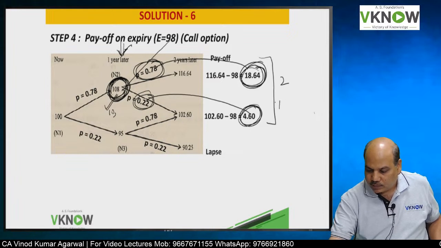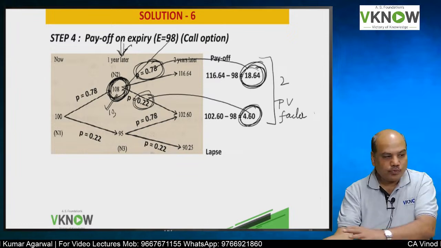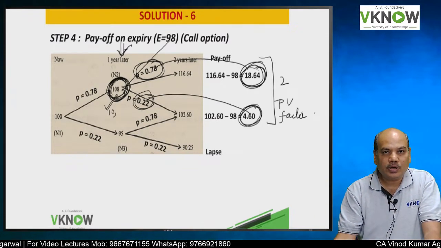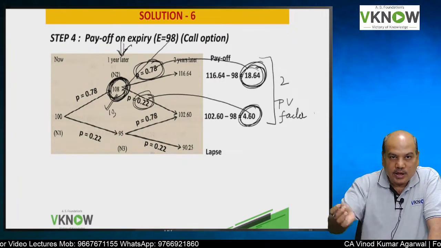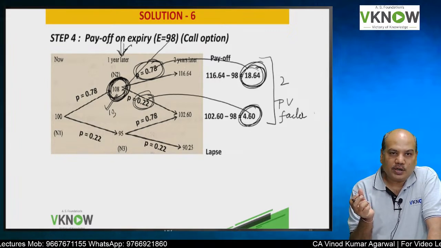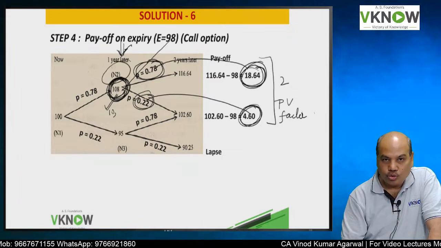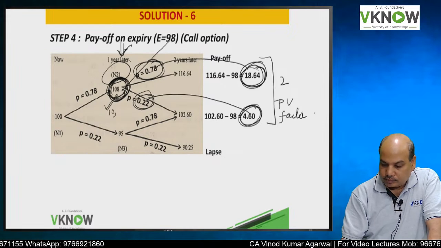So I have to multiply it by PV factor also, because I have to pull it from year 2 to year 1. So I have to also multiply it by 1 year PV factor, and then we'll see which value is higher. The one which is higher is the value of this node N2, which is also your question, right?